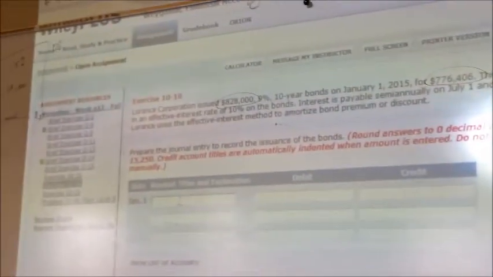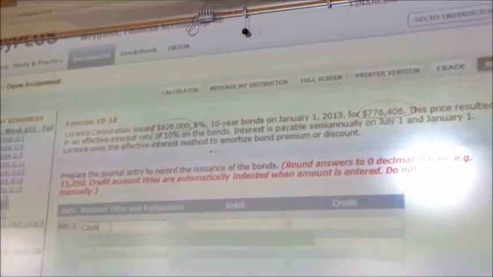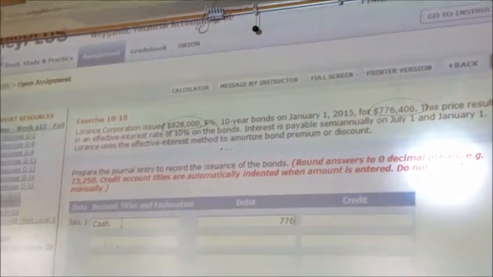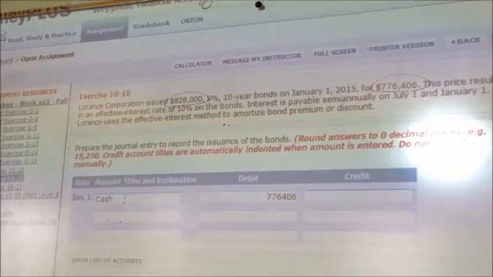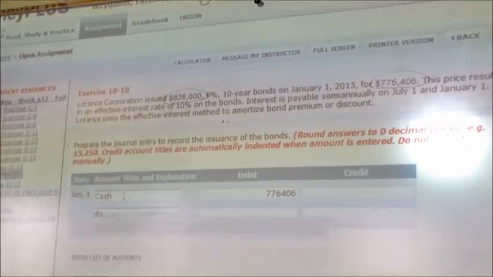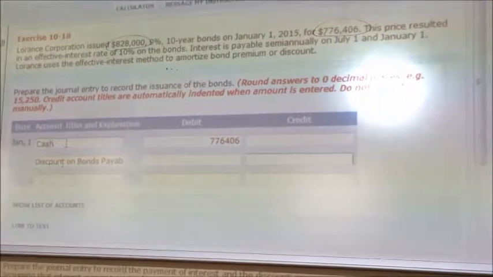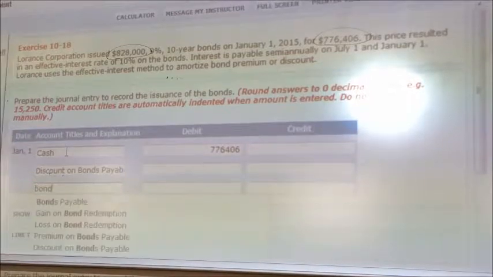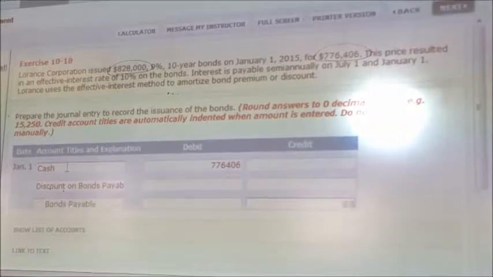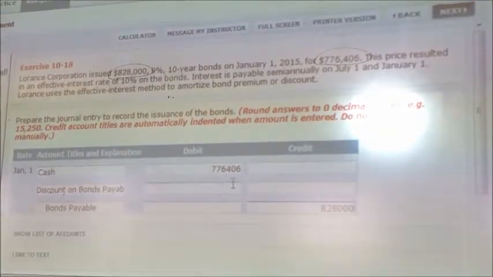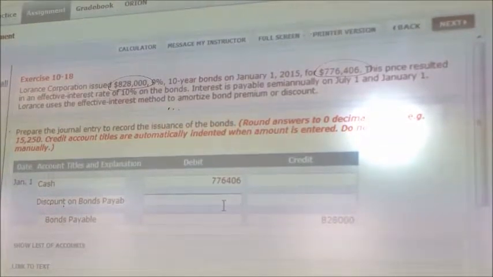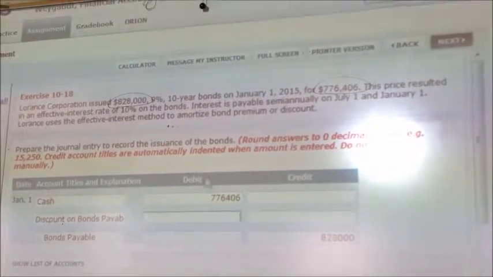It says you sold the bond for $776,406. We're going to have a discount. We're going to have our bonds payable at the $828, and then the difference is the discount, whatever that amount would be.